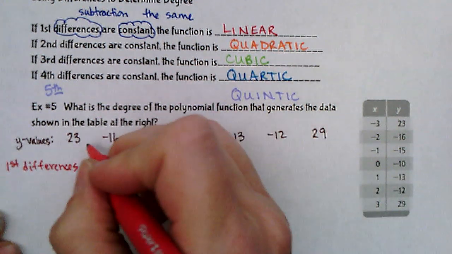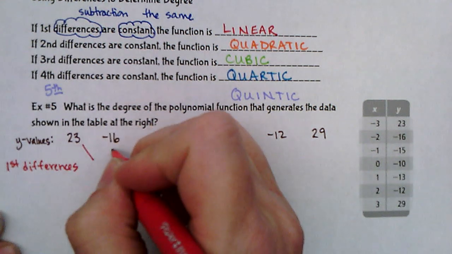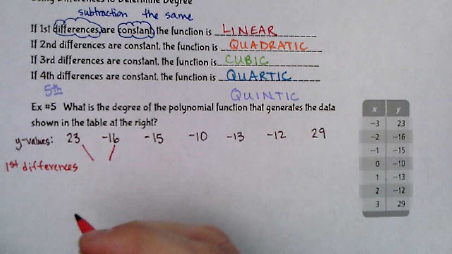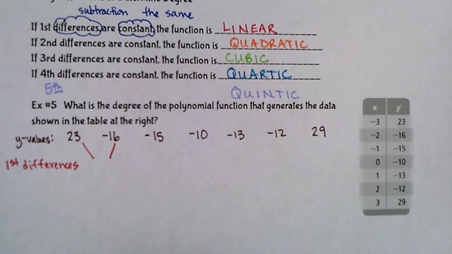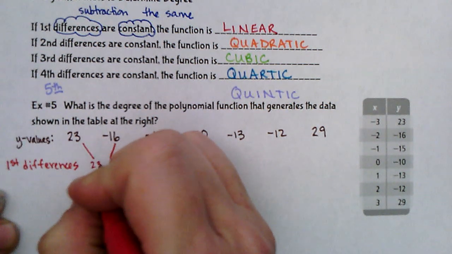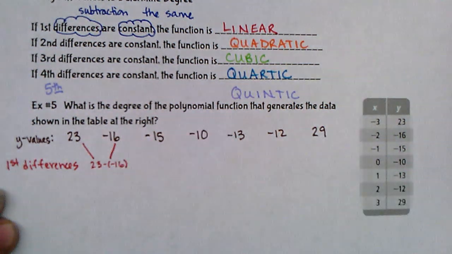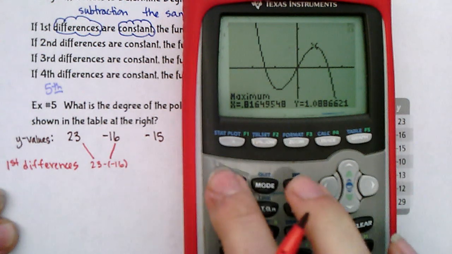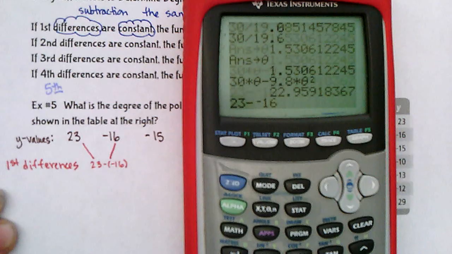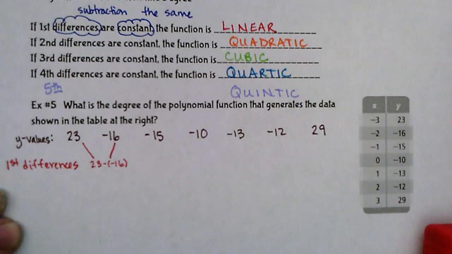So I'm going to go between 23 and negative 16, and the problem I'm going to be doing is 23 minus negative 16. In my calculator, 23 minus negative 16 gives me 39.